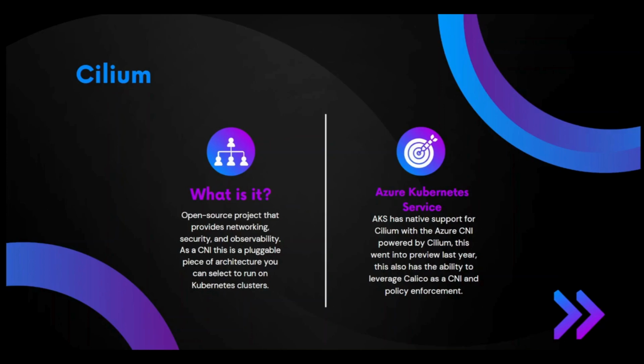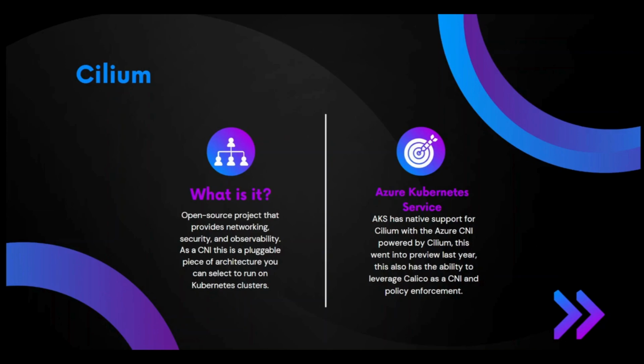Really notably is Hubble. Hubble is essentially an observability portal, but it also works at the command line, so you can see what the communication is across your cluster, getting that visibility into behavior, right? If anything goes awry, it's very powerful.